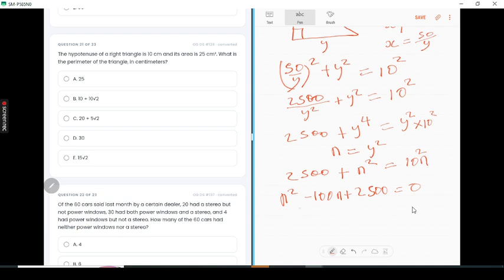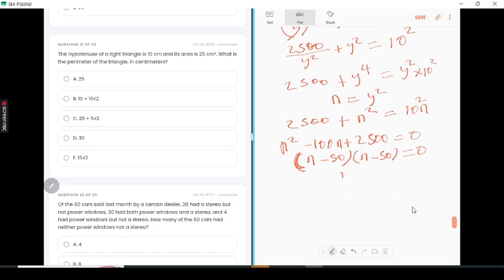So remember, we open a bracket. How we normally solve this? We open bracket and say n minus 50, and we open another bracket and say n minus 50 equals 0. So both of them are just the same thing. Remember, in secondary school, we said that this is n equals 50 twice.